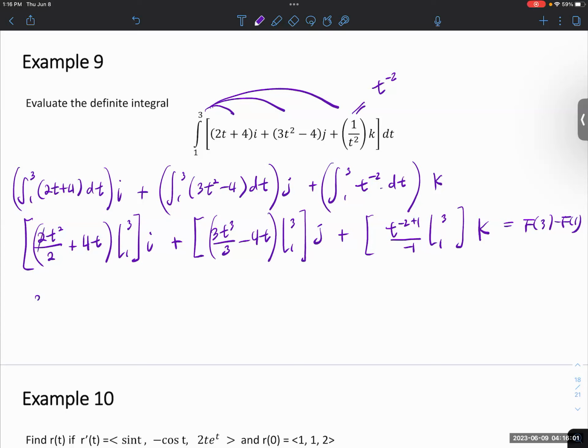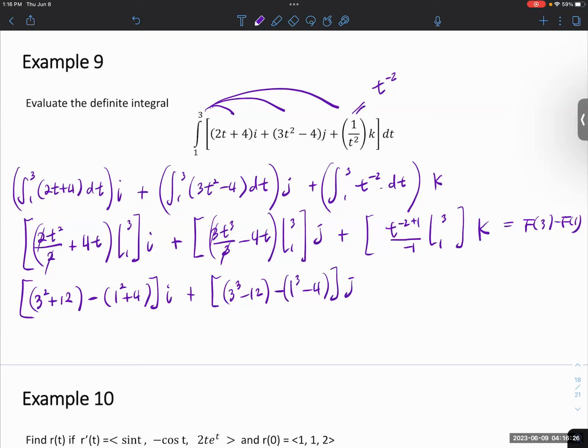So the 2s cancel, the 3s cancel. We have 3 squared plus 12 minus 1 squared plus 4. This is the first one, in terms of i. Plus we have 3 to the third minus 12 minus 1 to the third minus 4, in terms of j.